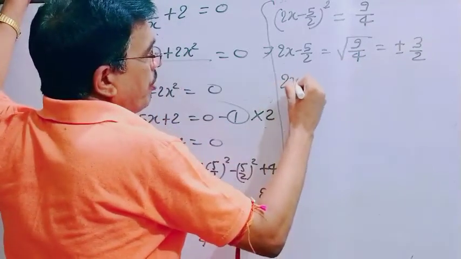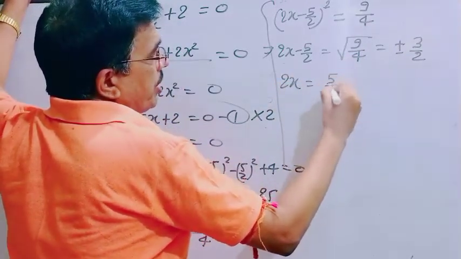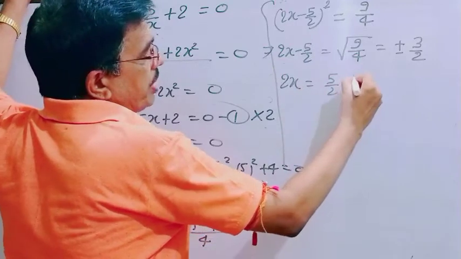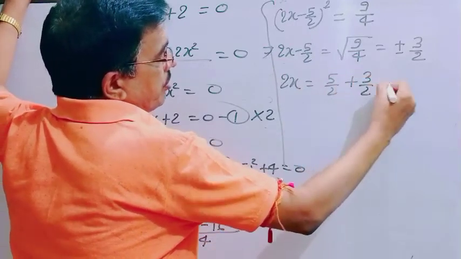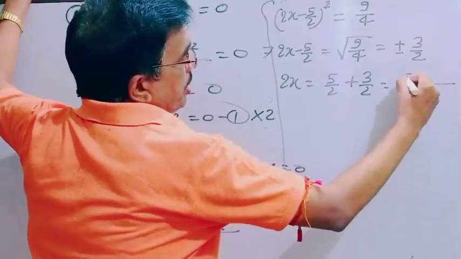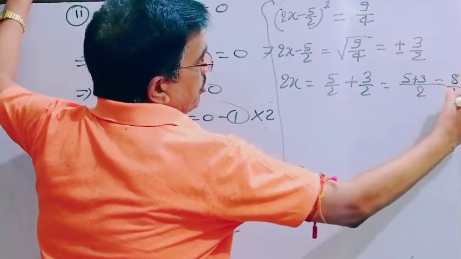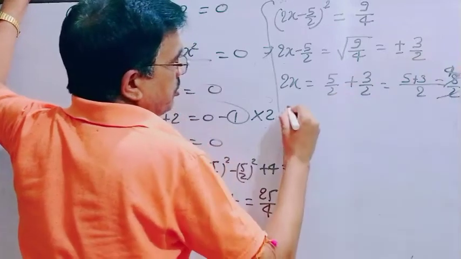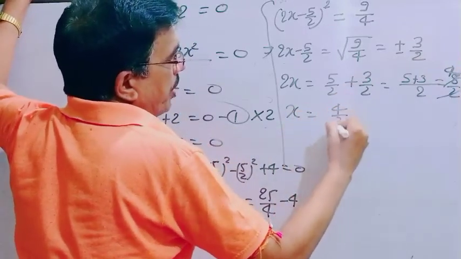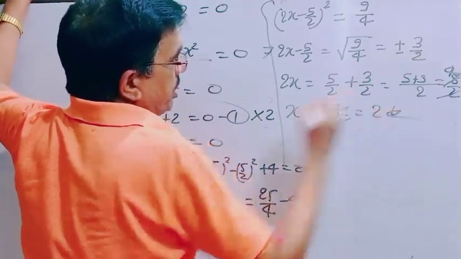So what is the value of 2x? It is 5 by 2, here it is plus 5 by 2 and plus 3 by 2. LCM 2, it is 5 plus 3, that is 8 by 2. So it is 4. So what is the value of x? 4 by 2, that is 2.